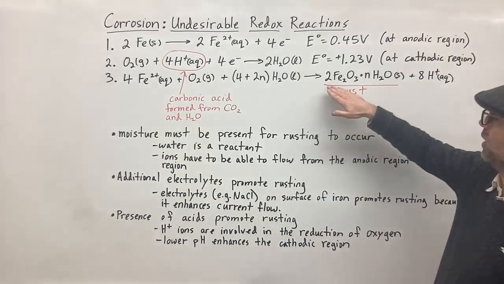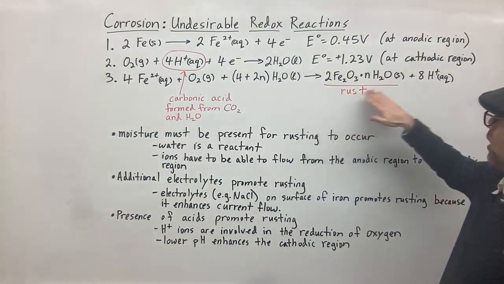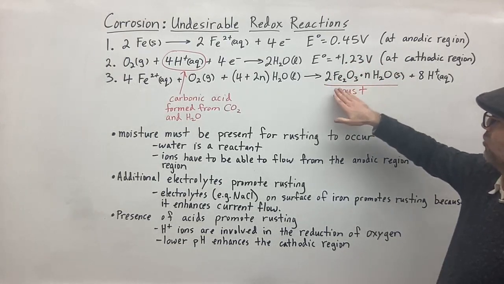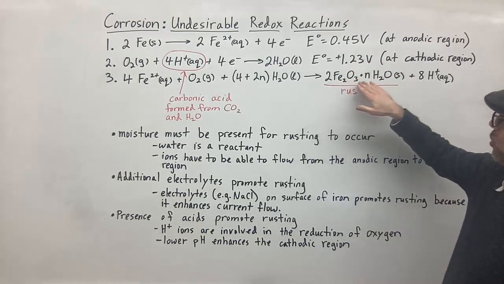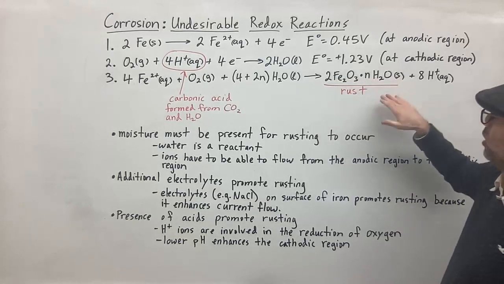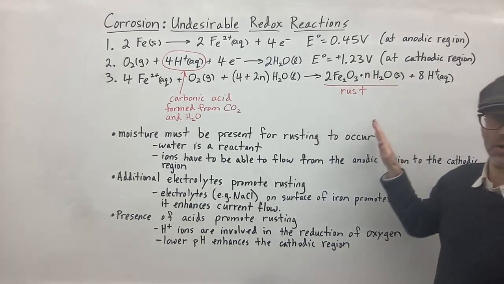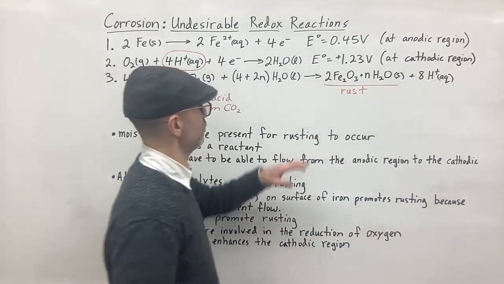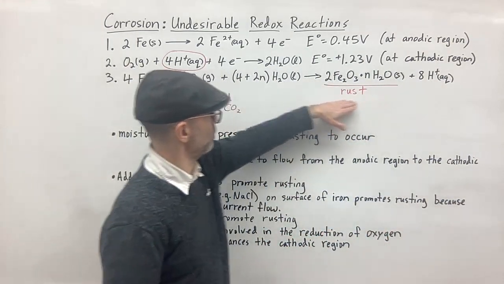And that's where you're going to get a hydrated form of iron 3 oxide. So you've got the Fe2O3 with a certain number of waters. How many waters you have is going to really depend on the circumstances of the rusting. But this is pretty much your rust.